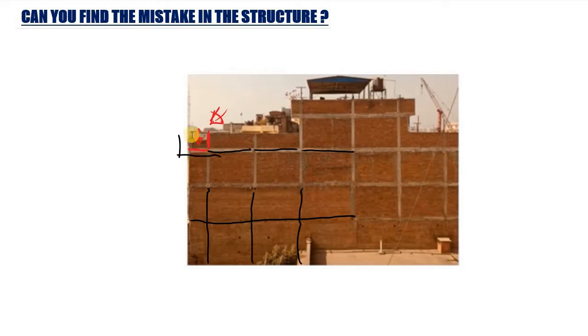But because we are having a column here, this is going to be a problem, because the stiffness of this side of the structure is going to be more compared to this other side, because we know that the stiffness K is equal to E, which is the modulus of elasticity, multiplied by I, which is the moment of inertia, divided by the length cubed, that is the span length.